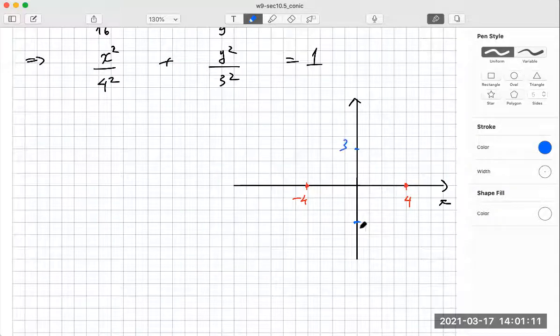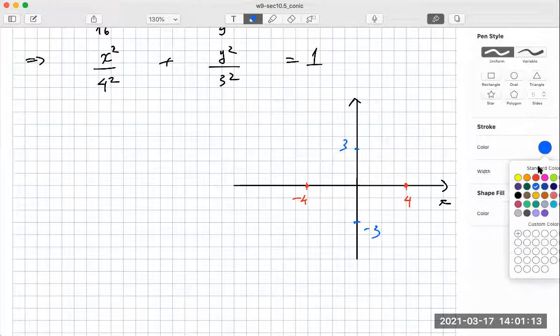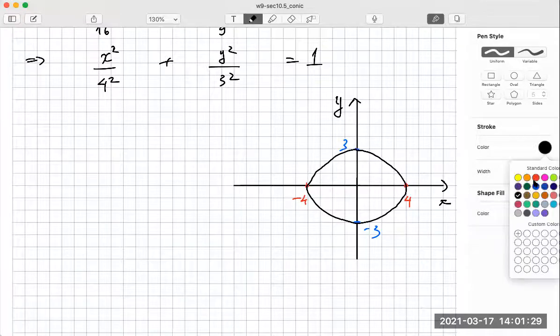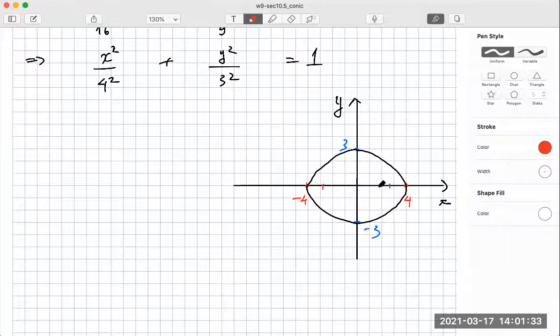So 3, -3, very good job. And somehow we know that it should be, we guess, like this, right? So our job is to find the foci somewhere here, in between, right?